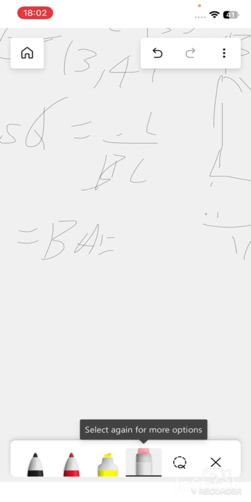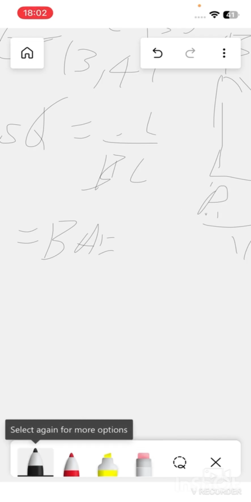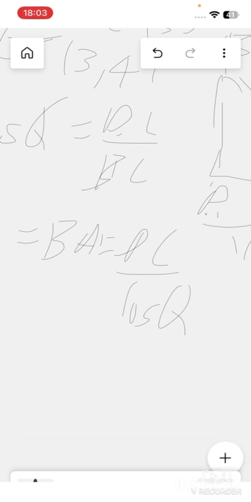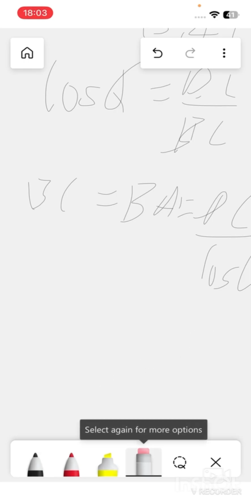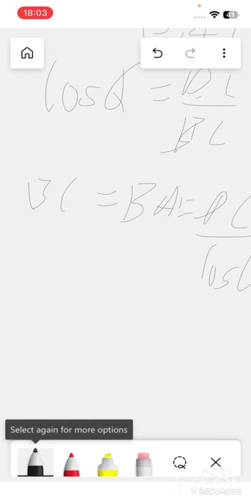This is also DC, which is equal to DC over cos theta. Therefore, we're gonna have our BC is equals to BA, which is 1,54.